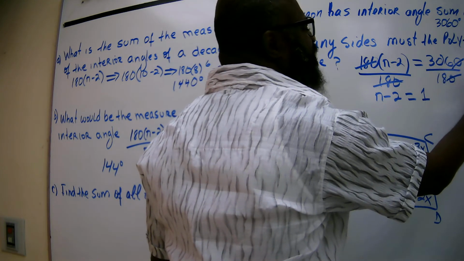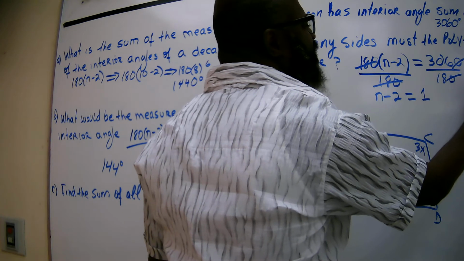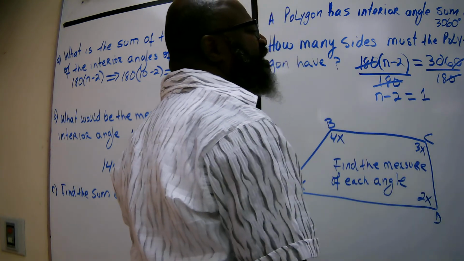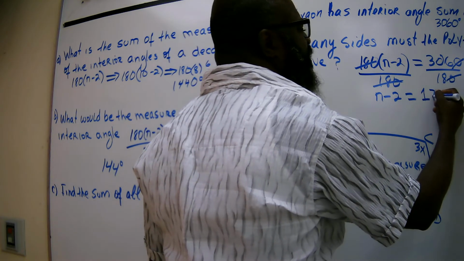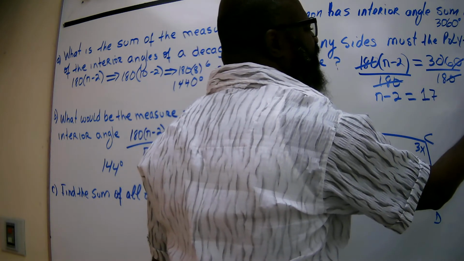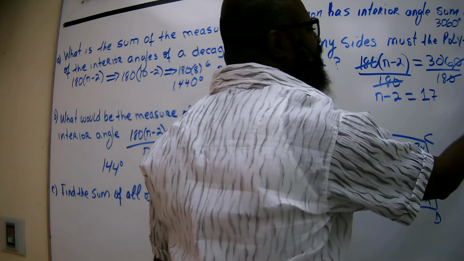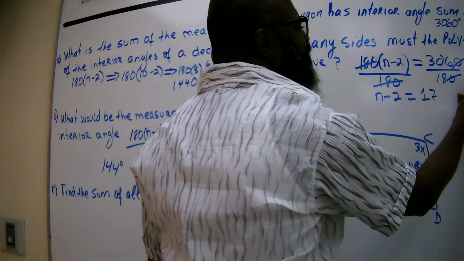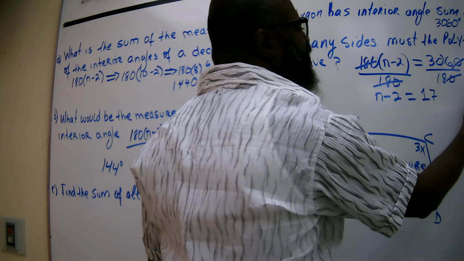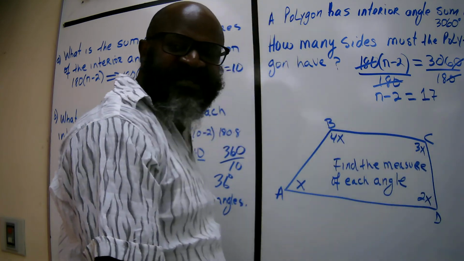Bring down 6, how many times does 18 go into 126, about 7 times. 7 times 8 is 56, carry 5, 7 times 1 is 7 plus 5 is 12. So that will be 17.